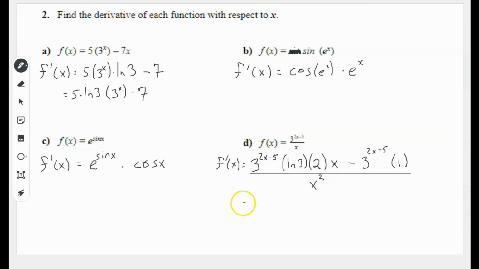And that's it. We can make it look a little bit nicer. If we want, we can factor out this exponent, 3 to the 2x minus 5. Multiply that by 2 ln 3 times x. And then minus 1. I should specify this is not the ln of 3x, so let me put that in brackets there. It's the ln of 3 times x, all over x squared. Okay.